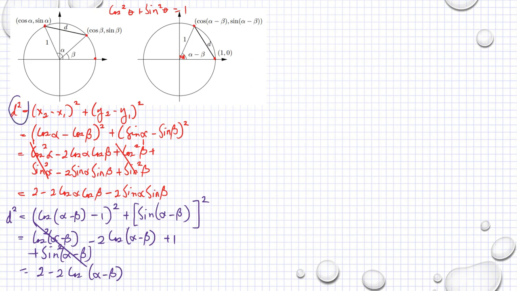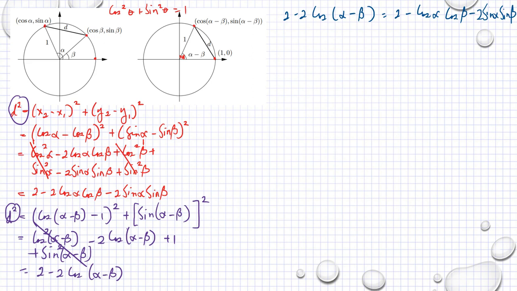They are equal, so I will equate them. Then we have 2 minus 2 cosine of alpha minus beta is equal to 2 minus 2 cosine alpha cosine beta minus 2 sine alpha sine beta.